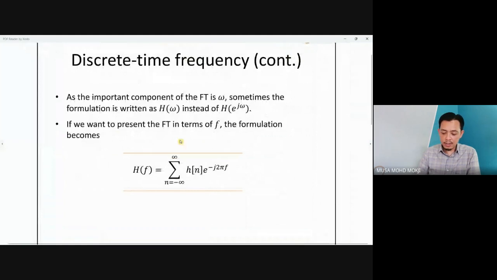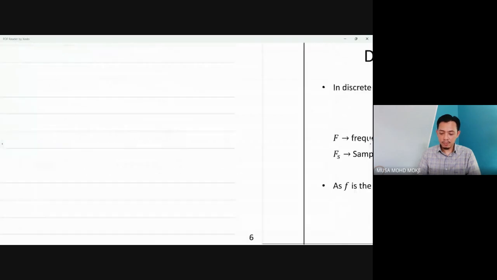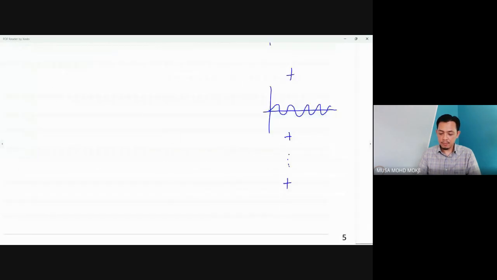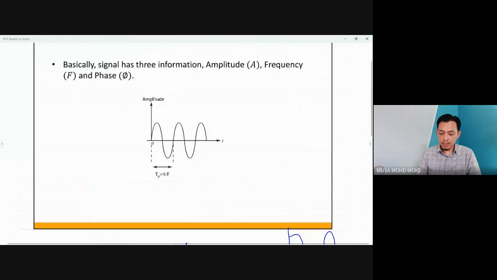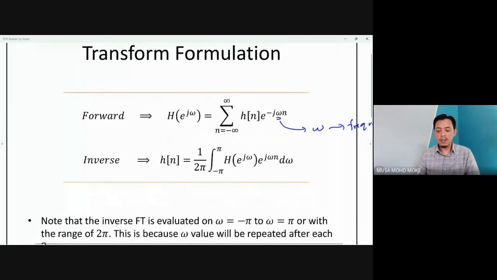Previously, let's go back a bit on the formula. You can write this formula in terms of e to the j omega, which is angular frequency.